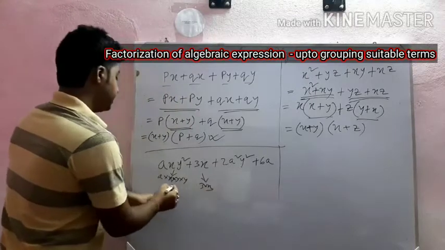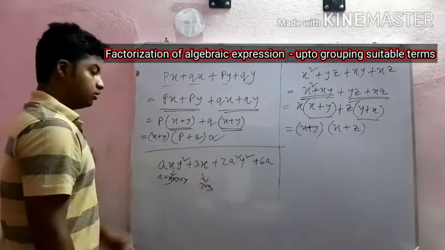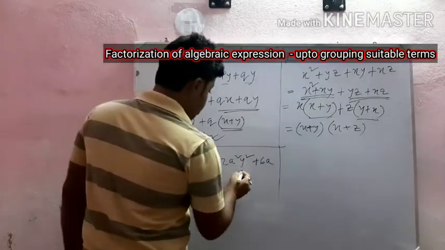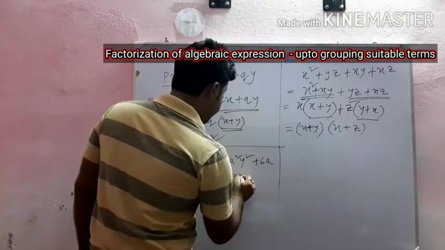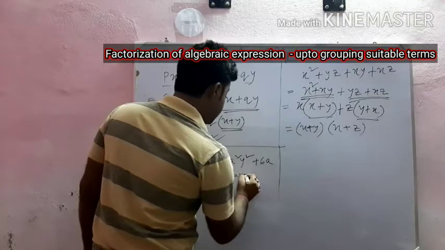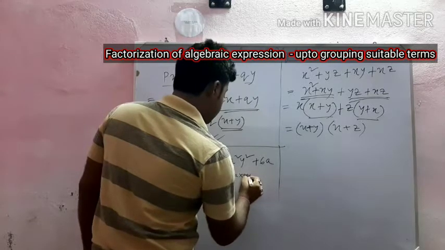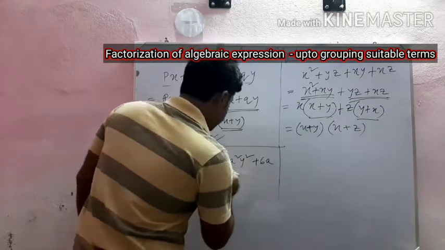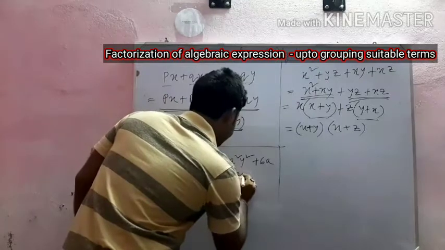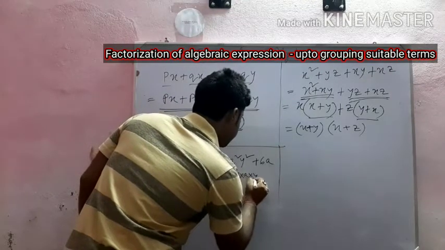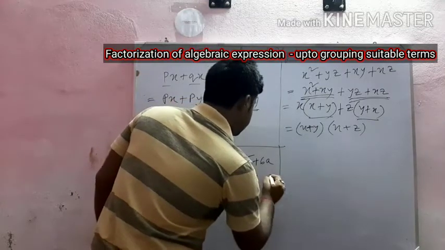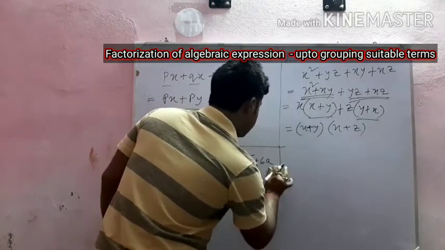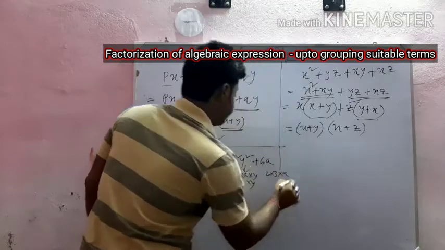I can take x as common from these two terms. And for 2a y and 6a, it is 2 into 3 into a.